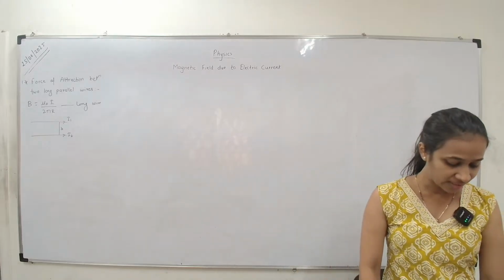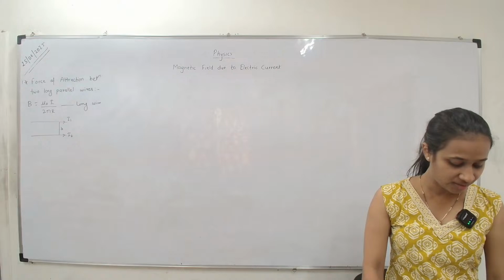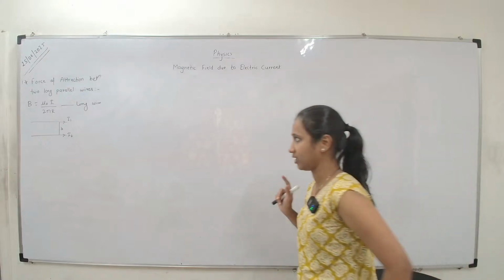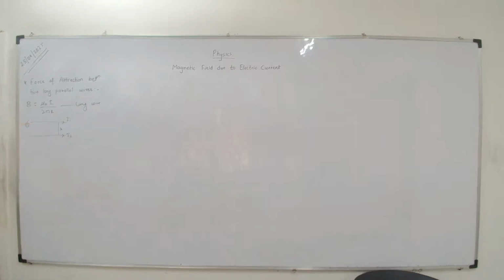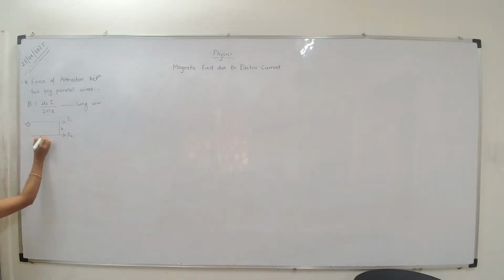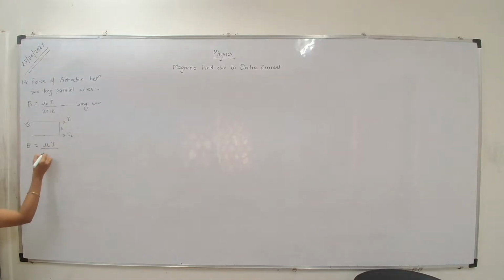The magnetic field at the second wire due to current I1 in the first one, according to this formula, is, now see, now consider only one wire, this first one. Due to this first wire, at any point on the second wire the magnetic field will be the same, mu naught, and which current produces the field, here I1, divided by 2 pi r, the distance of the point from the wire. Now the distance of this wire from this point is nothing but the small d.